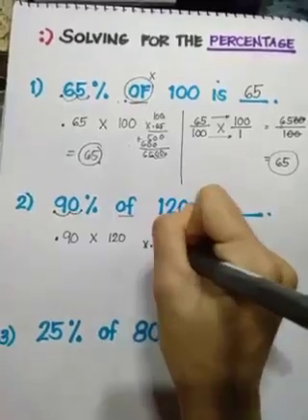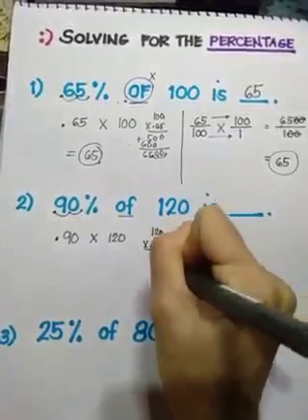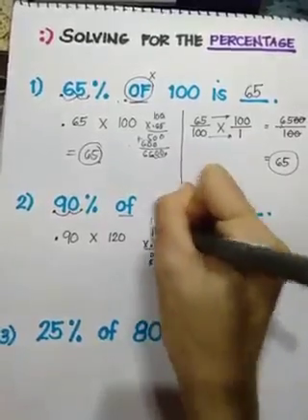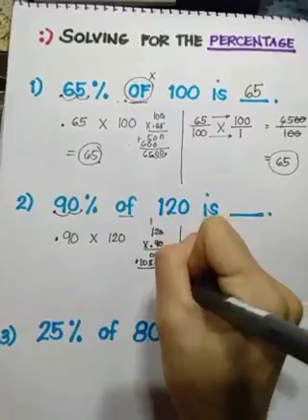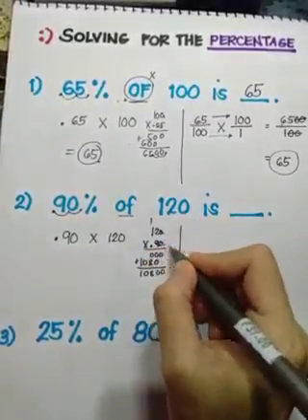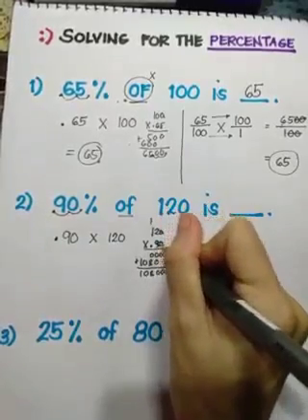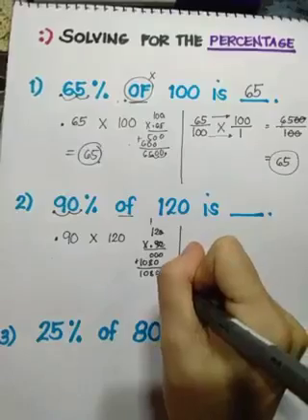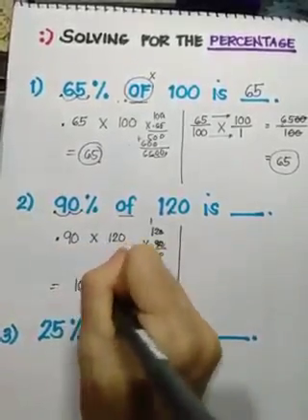We have 2 decimal places here, so we move the decimal point 2 places, 1, 2. So our answer is 108.